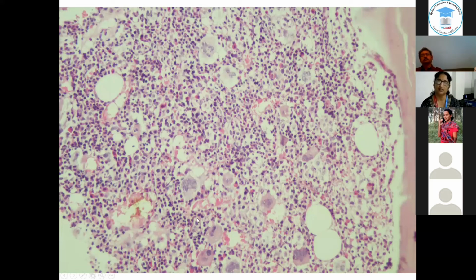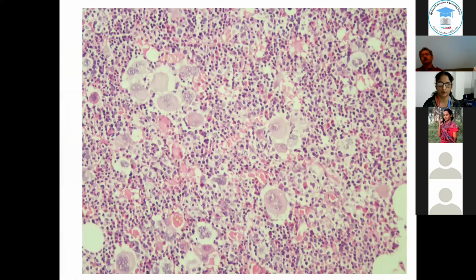Now, when it comes to MPNs, whether it is polycythemia, CML, ET or myelofibrosis, all three cell lines can be proliferated in different proportions. But the megakaryocyte morphology will help us differentiate between the different types of myeloproliferative neoplasms. For example, in this case, as everybody by now knows, the diagnosis is polycythemia vera.